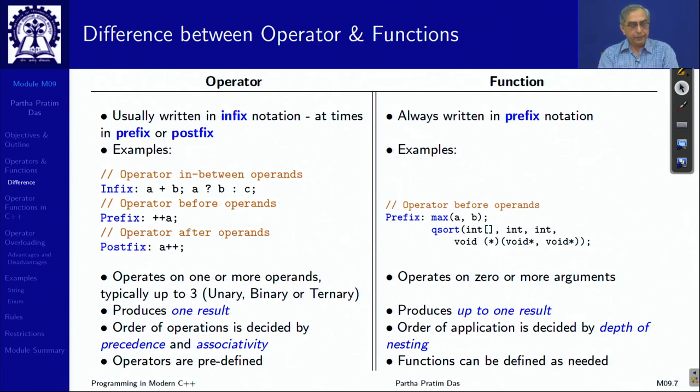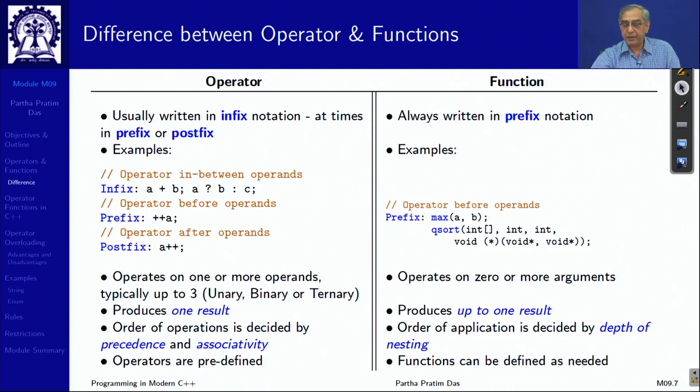An operator usually is written in infix notation. Infix notation means that the operator sits in between the operands. Infix: A plus B. A is here, B is here, plus is in the middle. But at times it can be prefix also, that is, I can first have the operator, then the operand. Or it can be postfix also, I can first have the operand, then the operator.